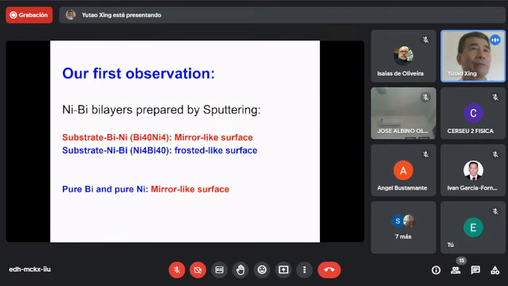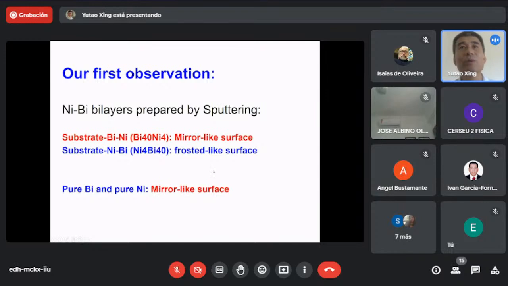But if we deposit first nickel 4 nanometers and then bismuth 40 nanometers, it's like a frosted surface. It's not shining anymore. So it's very strange for us. Why? It's not shining like the first sample. And of course, if we prepare pure bismuth and pure nickel, all of them have a mirror-like surface.